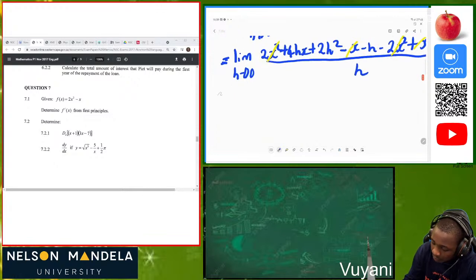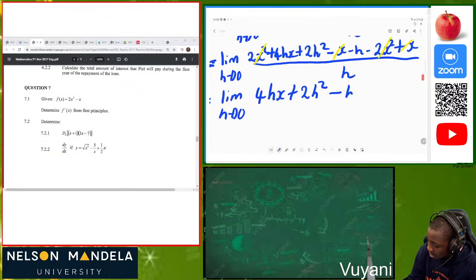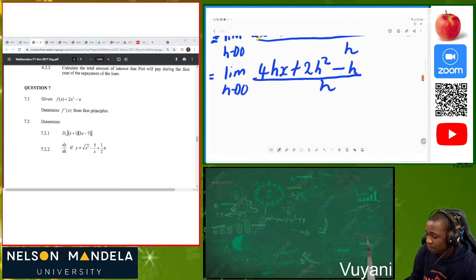So as we are going forward, we're going to have the limit as h approaches 0 equivalent to 4hx plus 2h squared minus h, all divided by h. Look at something here. We have a common factor in the numerator.